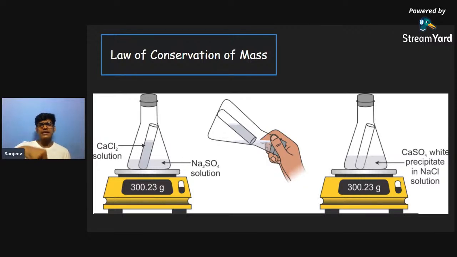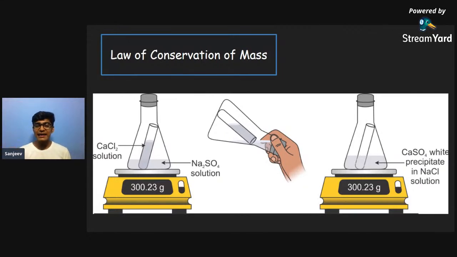After that, if we take this apparatus and shake it, of course the solutions will get mixed and the chemical reaction will take place. But how will we know the chemical reaction has taken place? If we look at the apparatus after shaking, we will get a white precipitate.